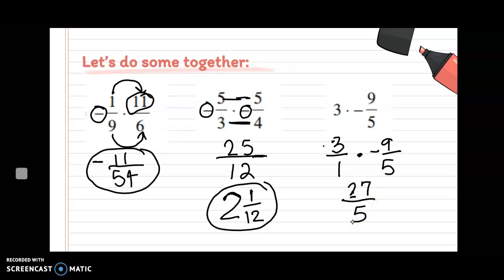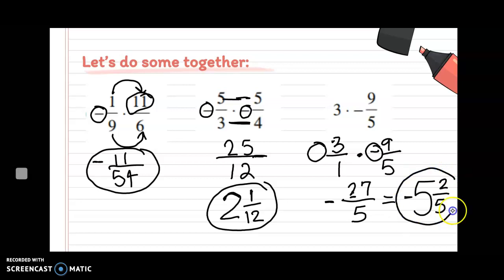And we have a positive times a negative, which makes it negative. So that I can reduce this, I just say 5 into 27 is 5, and I have 2/5 left over. Easy peasy, lemon squeezy.